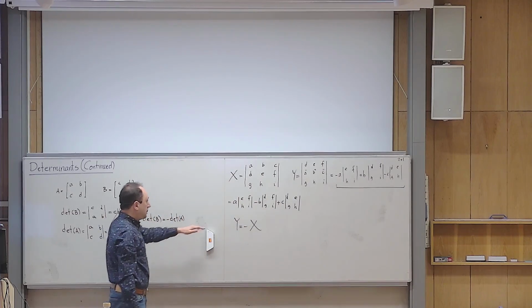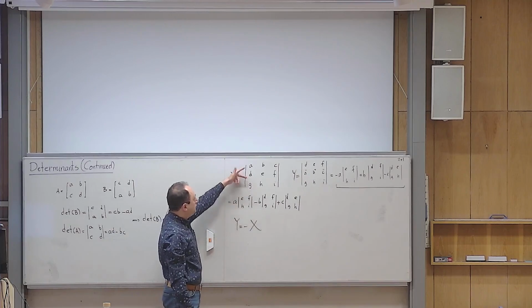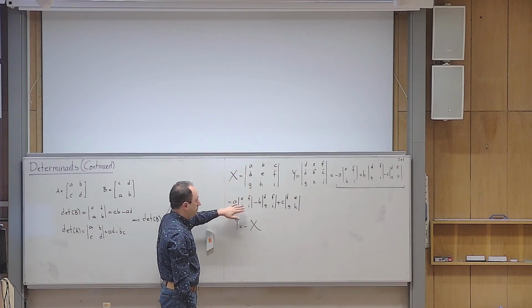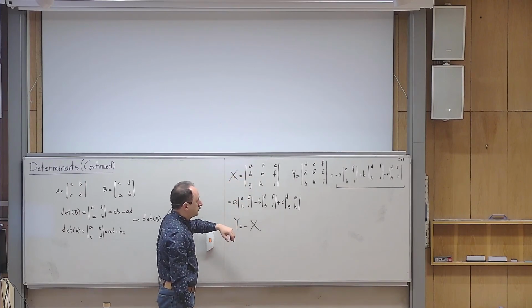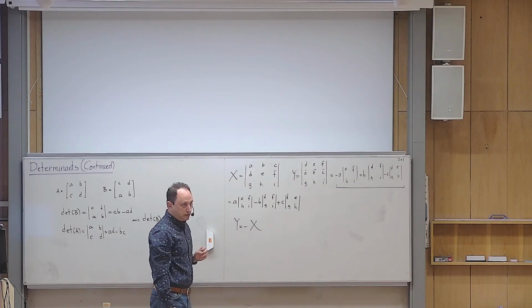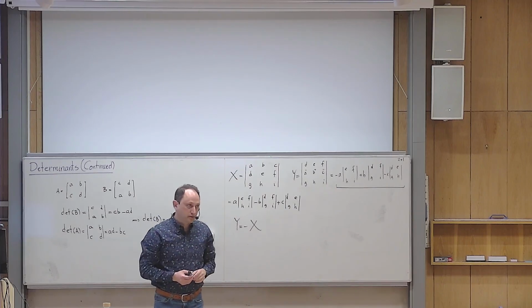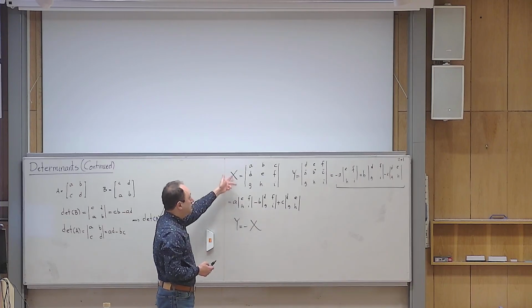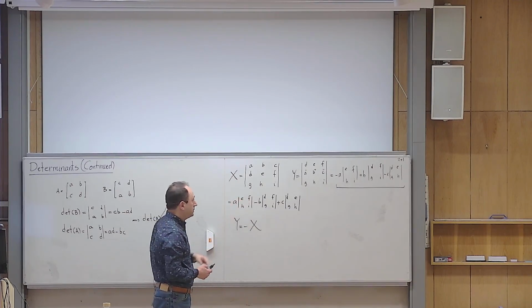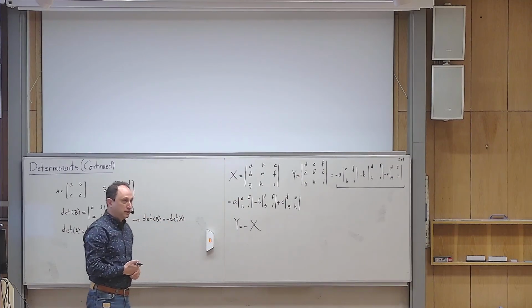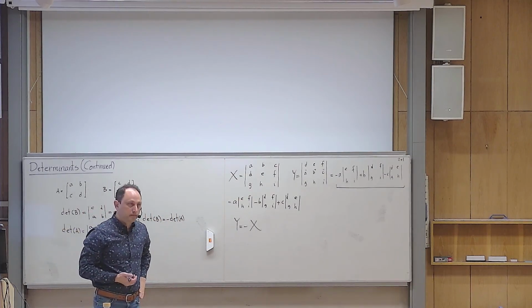So here, I hope that I could convince you, if you take two adjacent rows, okay, and interchange them, the new determinant is minus the previous determinant, if the rows are adjacent. But the question is, what happens if the rows are not adjacent? Because the theorem is still asserting that even if the rows are not adjacent, the rule will work. But why do you think it will work?